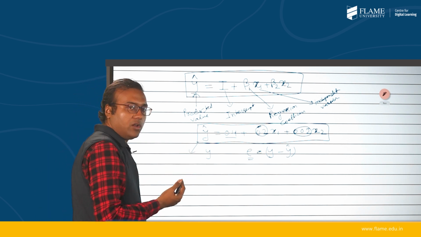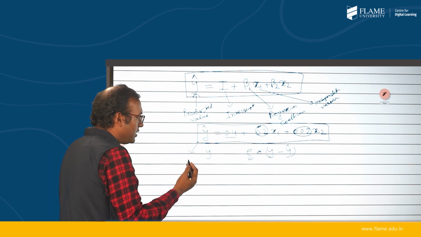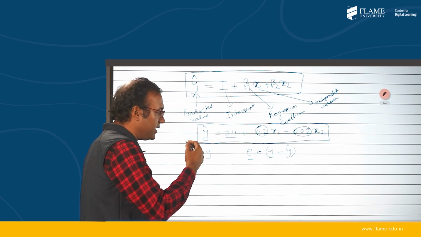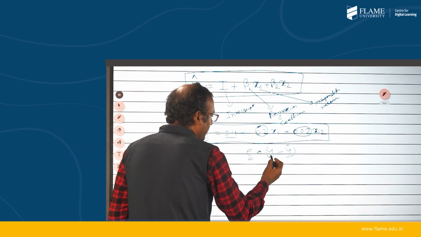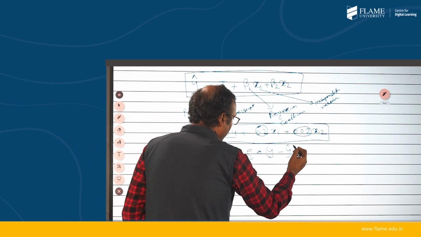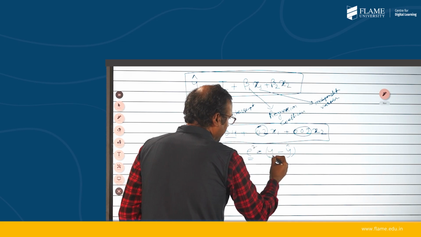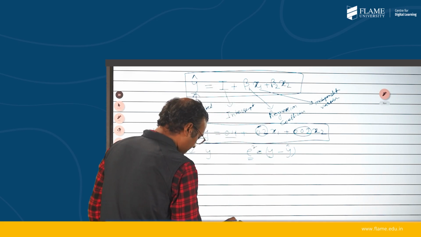Now, what is the basic logic of calculating or training the model? When we are training the model, we are trying to minimize E square.